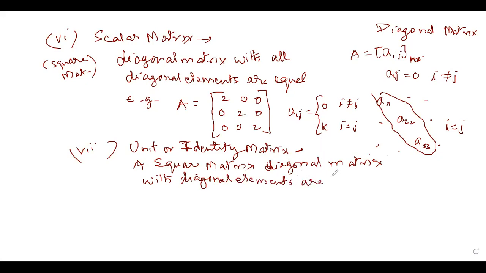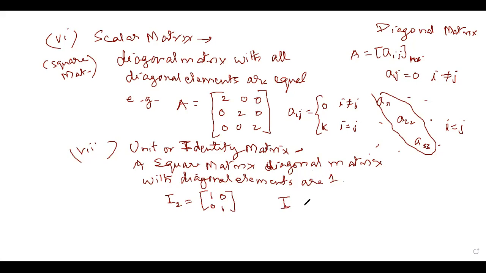With diagonal elements are 1 only. For example, 2 by 2, we write I or I2. I2 means 1 0, 0 1. Identity matrix. For 3 by 3, we write I or I3.